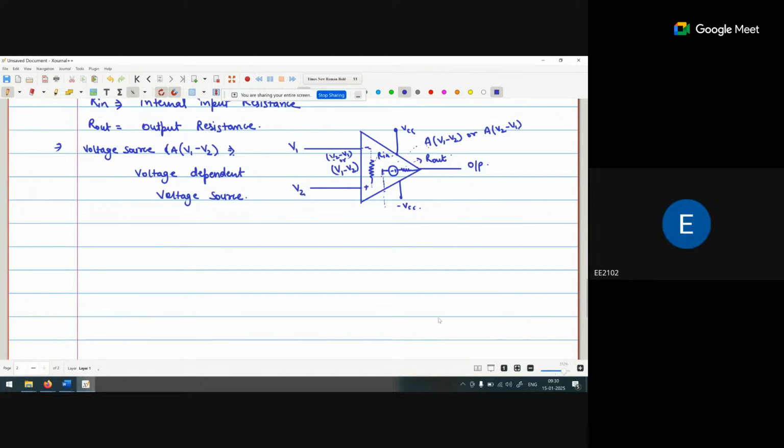Sir, in one of the lectures, the professor said that in an ideal op-amp, the input resistance is infinity. What is the effect of this? If I consider the voltage drop V2 minus V1 or V1 minus V2, it should be maximized.